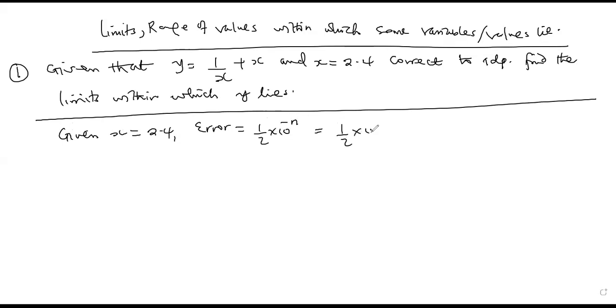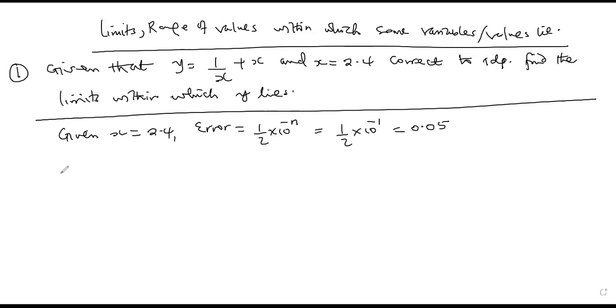So a half times 10 to the power negative 1, which is 0.05. Since it's one decimal place, the error is 0.05. So then we shall get the maximum of y and minimum of y.